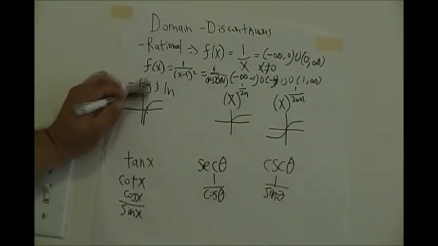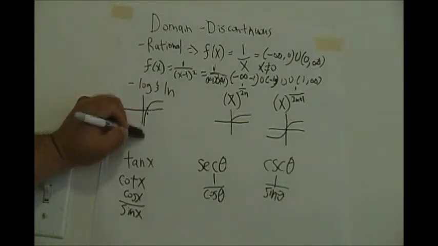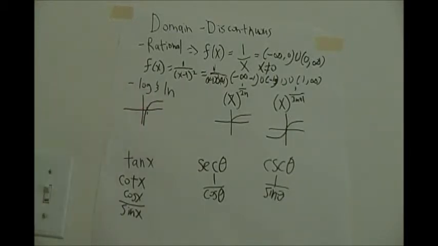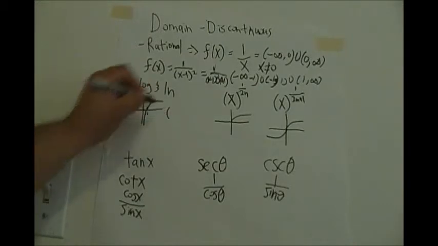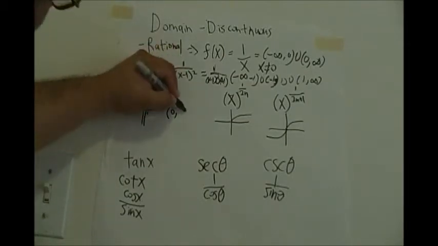If you look at the graph of a natural log, as you go toward 0, it goes to negative infinity. Then as you keep going to infinity, it goes to infinity, gradually. So the domain of this function is going to be from 0, not including 0 but getting close to 0, to infinity.